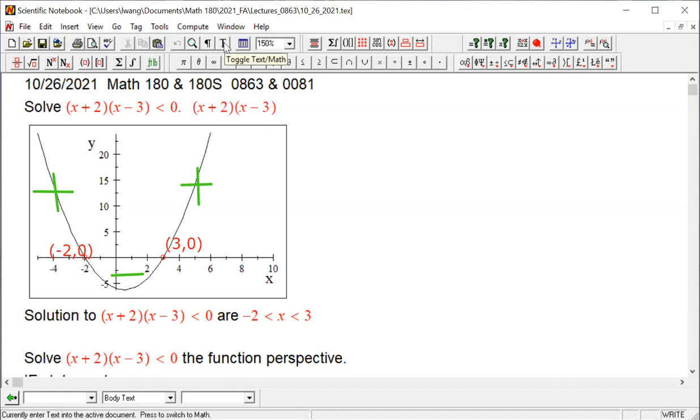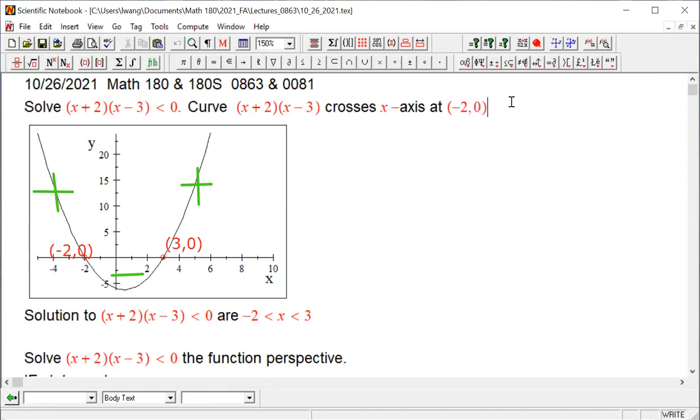You can say the curve crosses the x-axis at -2, 0 and 3, 0.